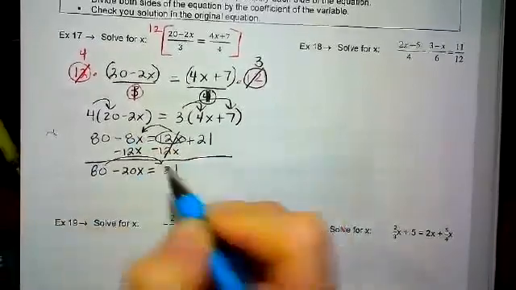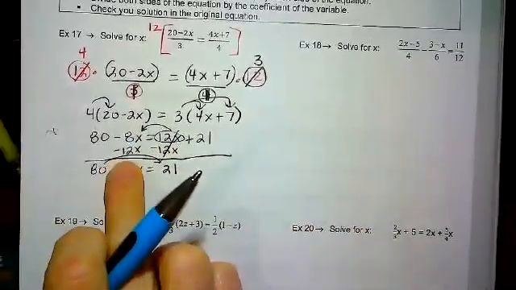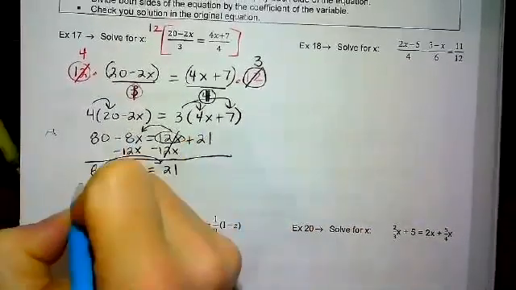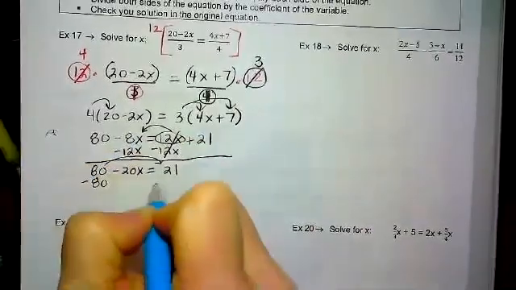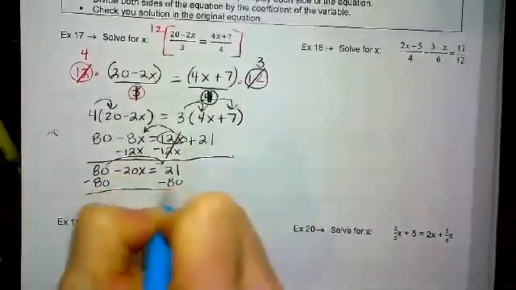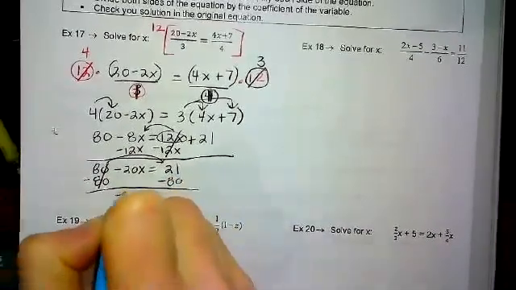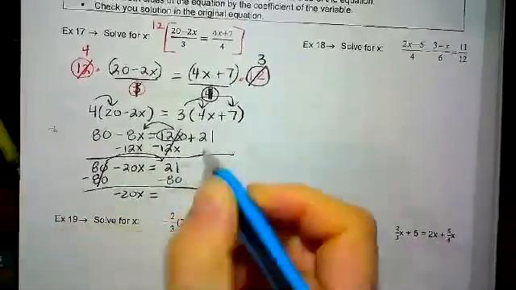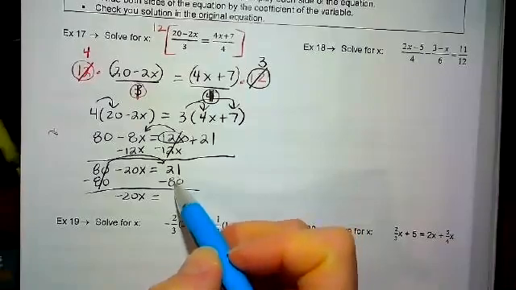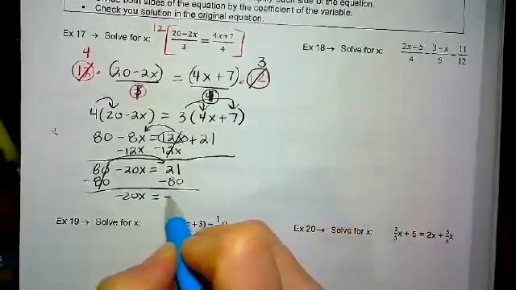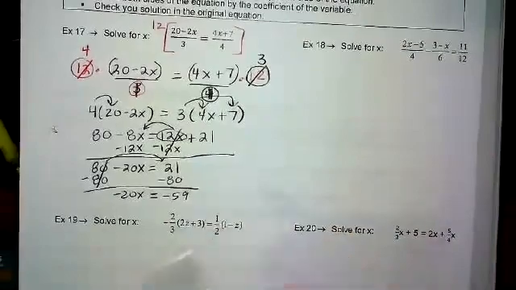Then I would move my 80 over to the other side because I have my variables already over here. Since that's a positive 80, I would subtract 80. So 80 minus 80 would zero that out. I bring down my negative 20x equals, and 21 minus 80 is a negative 59.